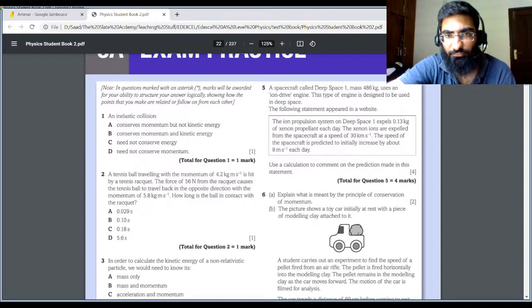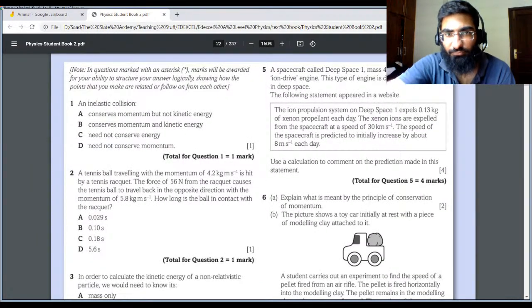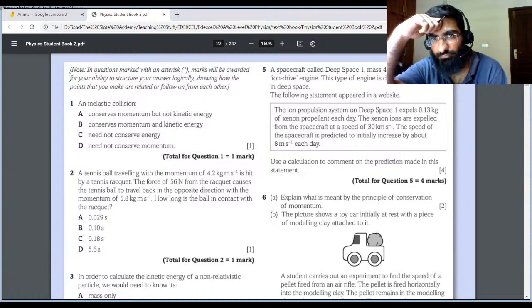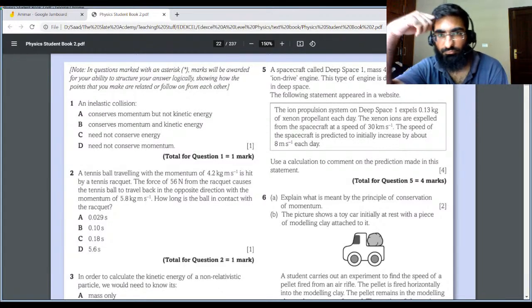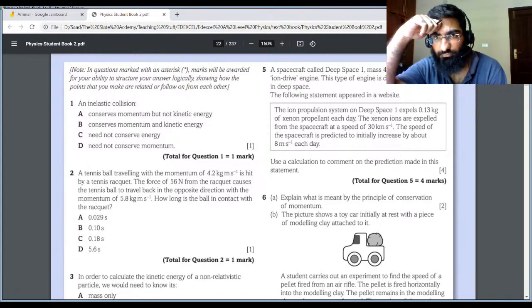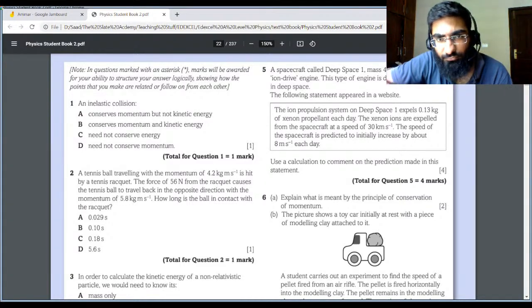A spacecraft called Deep Space One, mass 486 kg, uses an ion drive engine. This type of engine is designed to be used in deep space. The following statement appears on the website. The propulsion system.